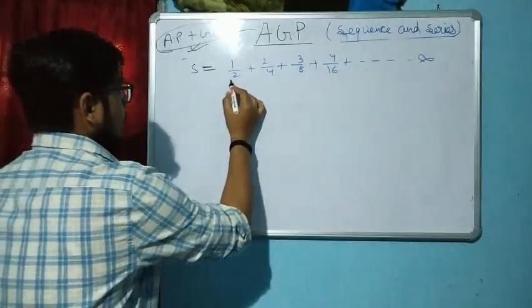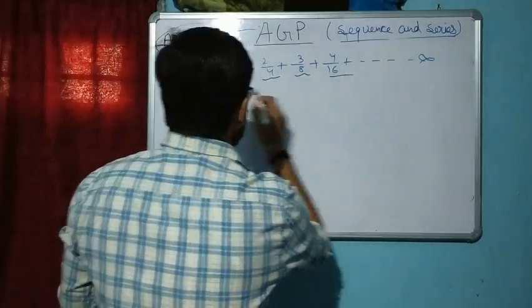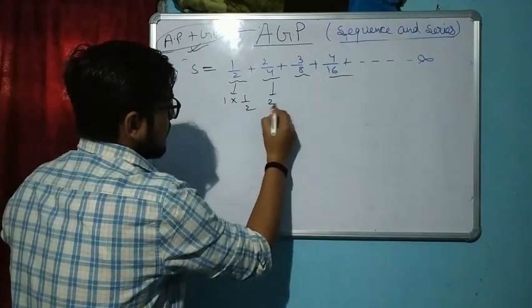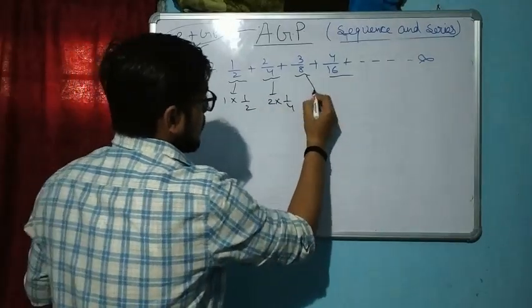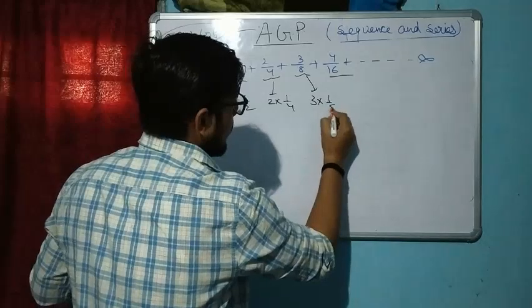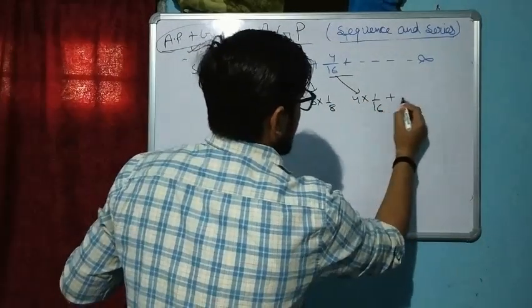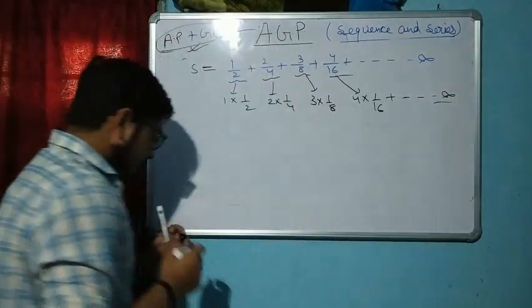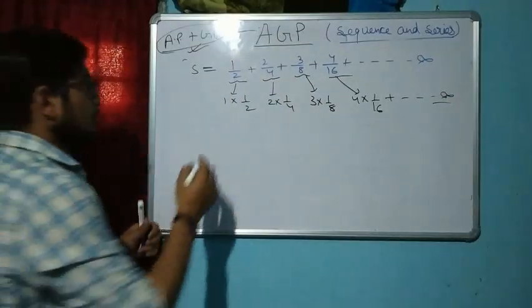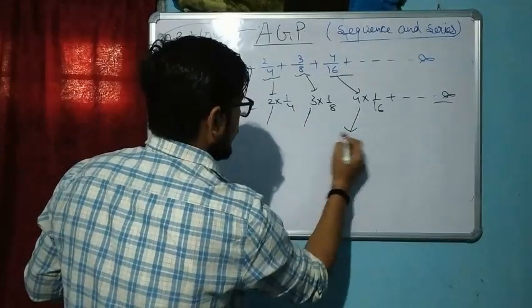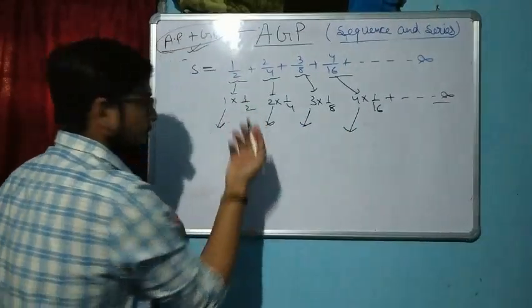Now if you look carefully at each term, this is basically 1 into 1 by 2. This is basically 2 into 1 by 4. This is basically 3 into 1 by 8. This is 4 into 1 by 16. Now if you compare this with the earlier example that I have given, here this is not a coefficient, this is a constant term that we have.